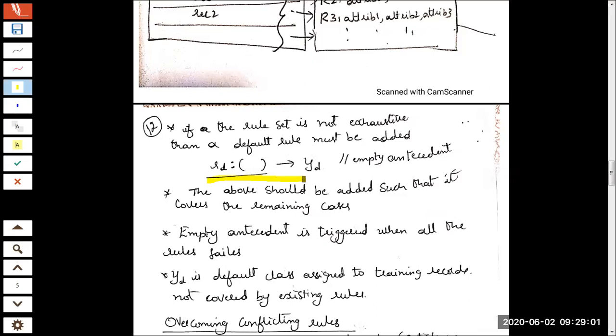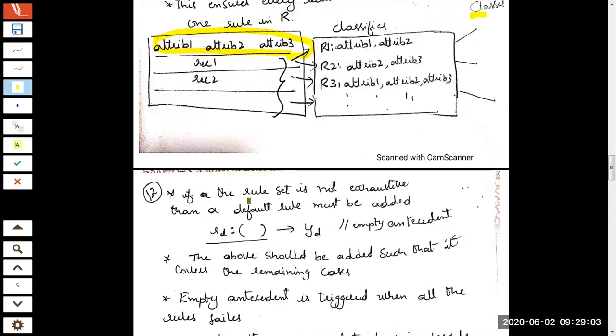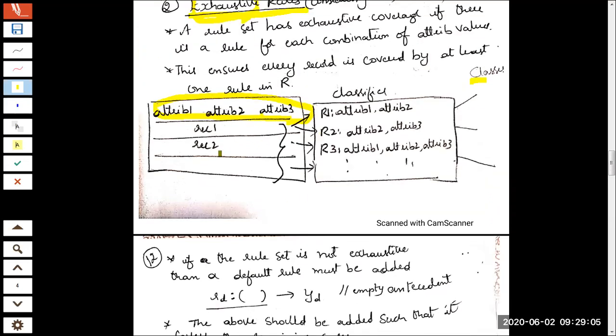In similar lines, given a record, for example record 2, the classifier will try to determine whether it belongs to class A, class B or class C. Please note, 3 classes were there.